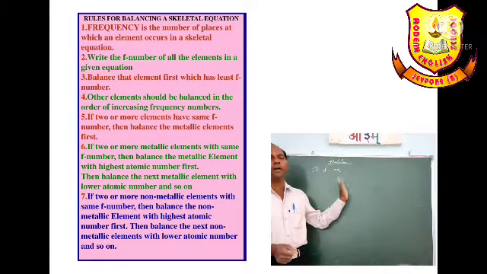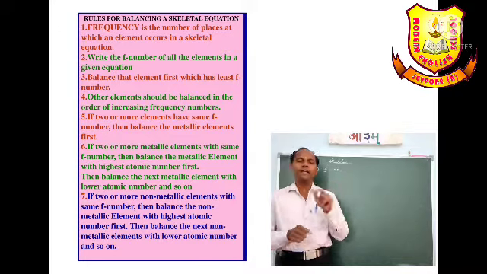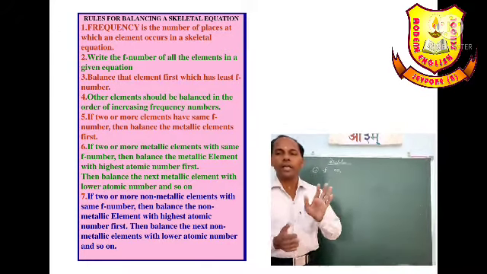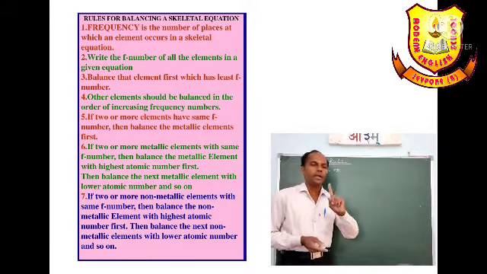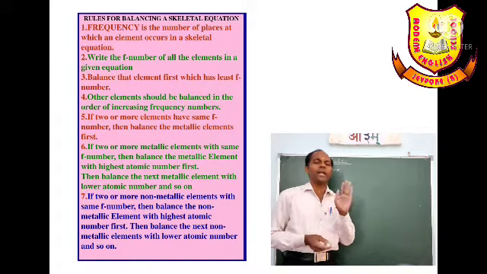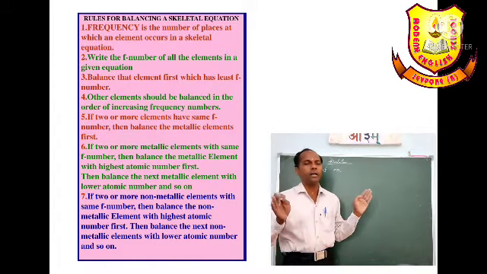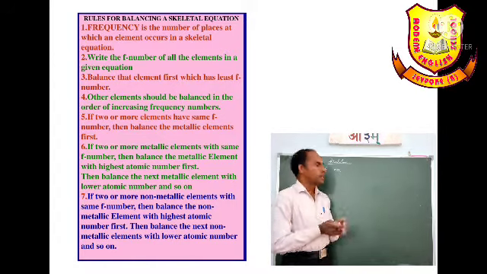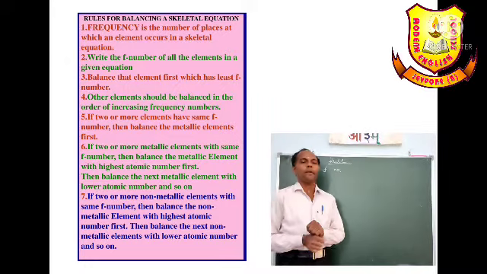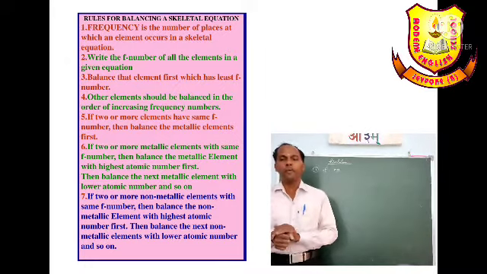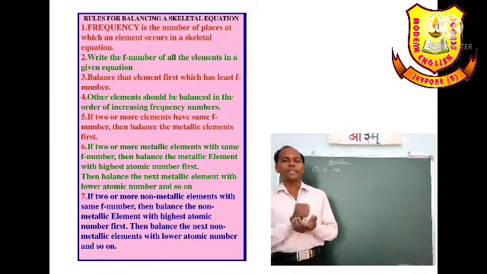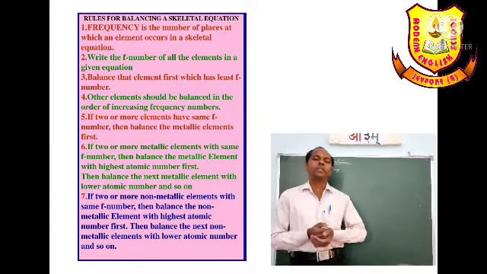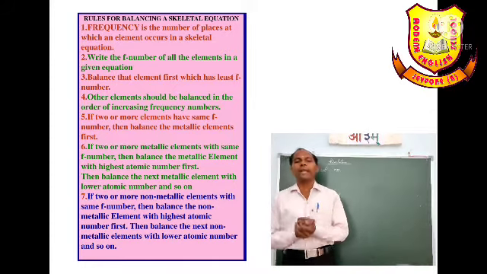So we have to find the F number. Second, after writing the F number, we have to write which elements are participating in the whole equation, and then write the F number. After writing the F number, we have to find the order of balancing. Which element will be balanced first?